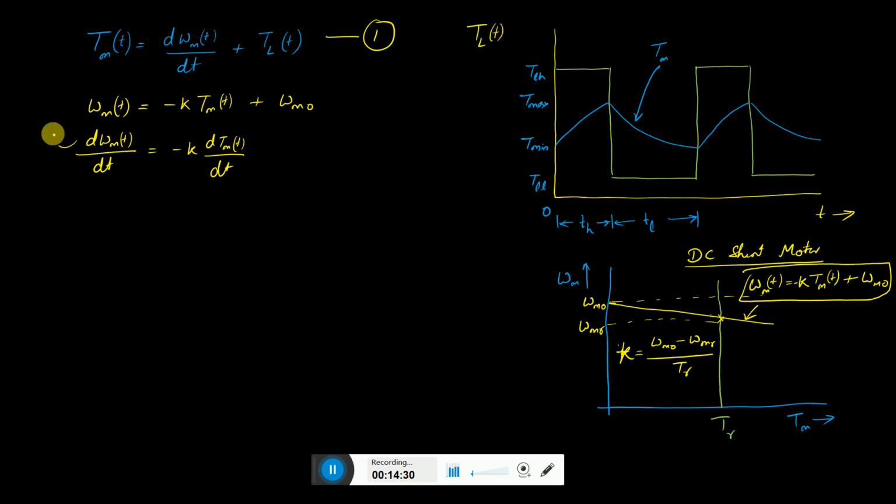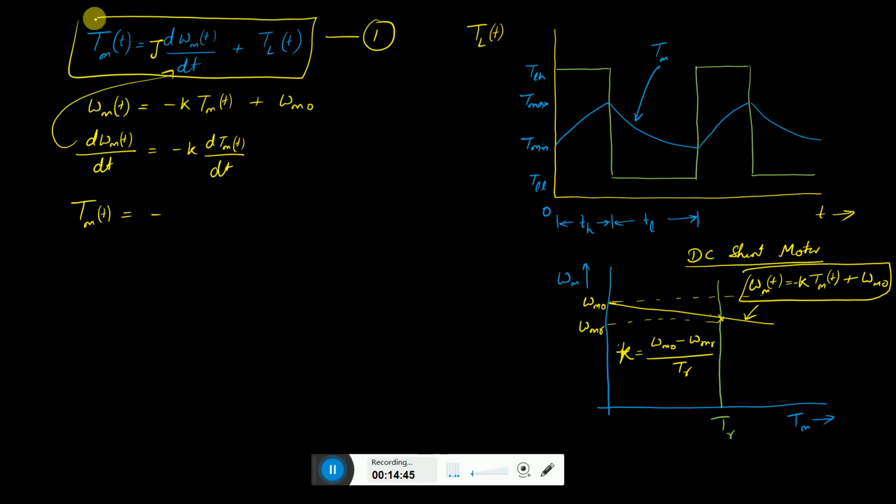Now we can substitute this value over here, and rewrite equation 1 as Tm(t) is equal to minus, I missed the J over here, this equation is complete now, minus KJ dTm by dt plus this TL(t).